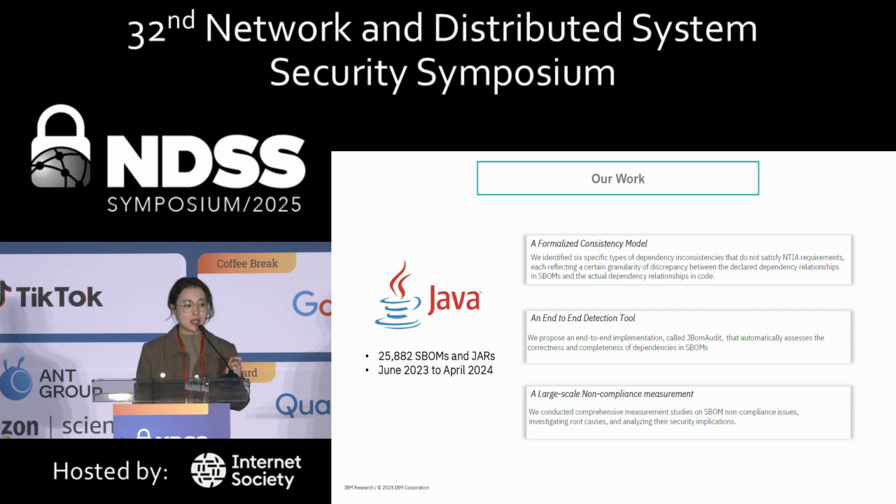In our study, we proposed a formalized consistency model to compare different types of inconsistency between the SBOM and the actual code. We also developed an end-to-end tool to detect those different kinds of inconsistency, and we performed a large-scale measurement study to understand the prevalence of those non-compliances, their root causes, and the security implications.